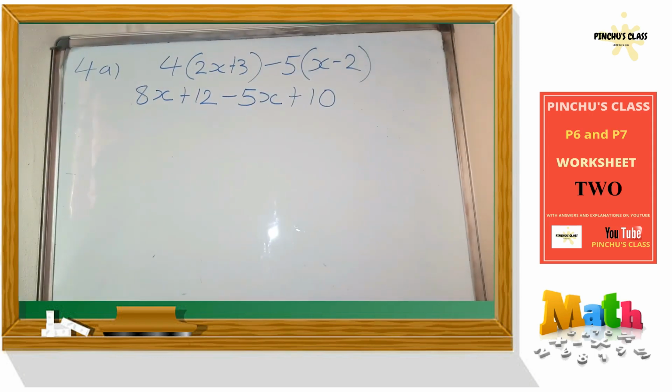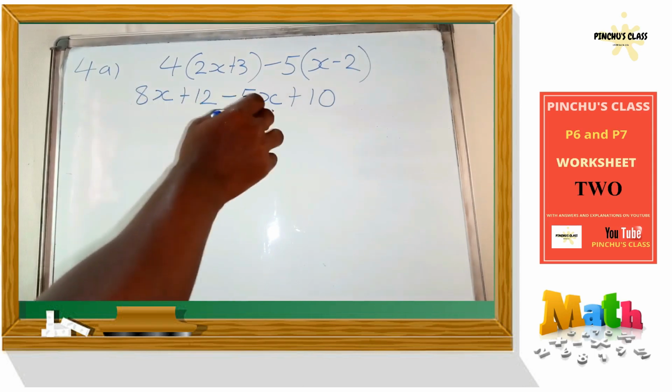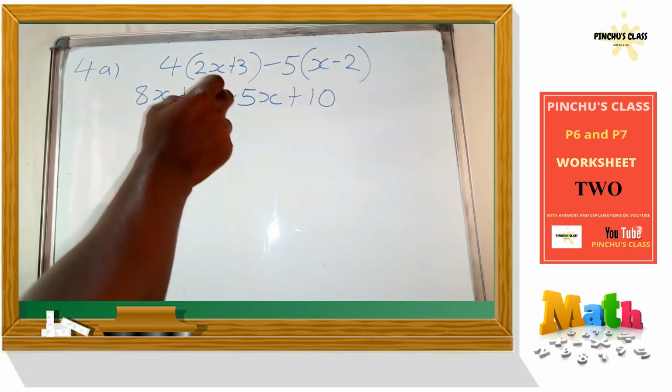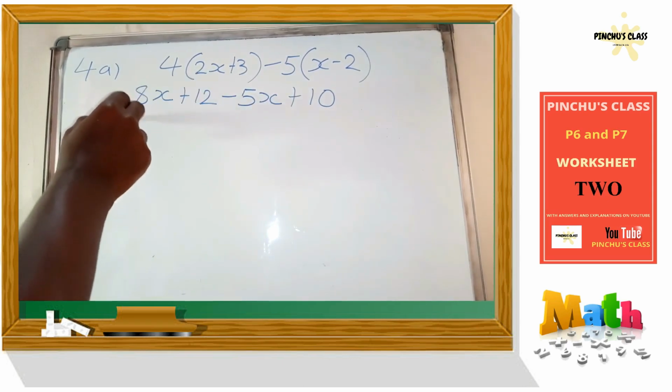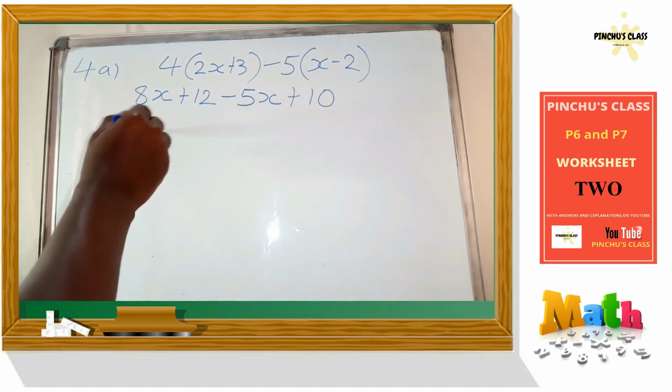After removing the brackets, then we can simplify. So we collect the like terms. We have 8x and 5x. Remember, I told you the signs move together with the terms. So here we have 8x.